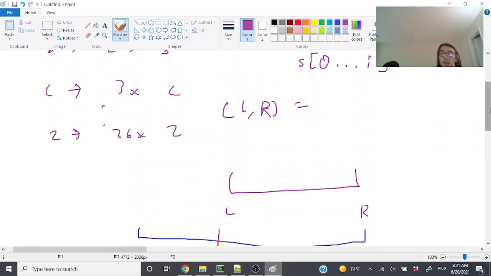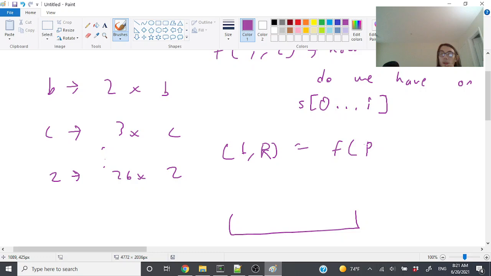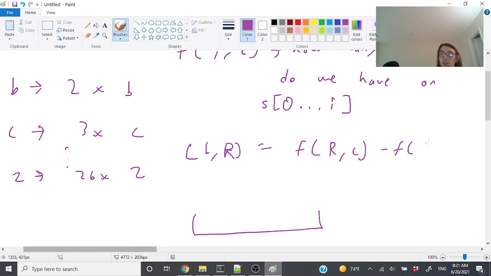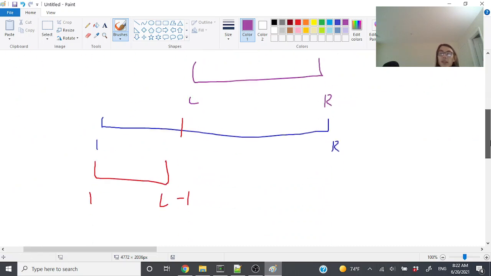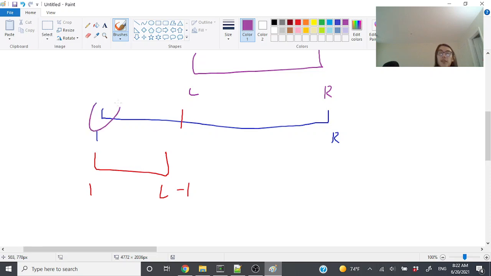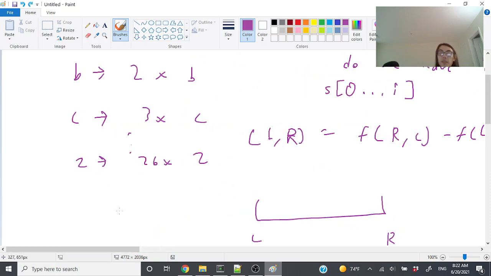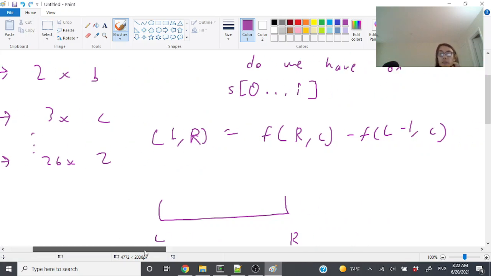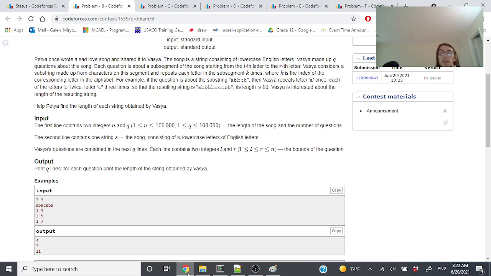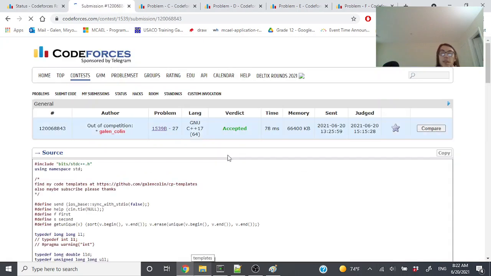So this is f(R, c) minus f(L minus 1, c). If f of L minus 1 is negative or goes off the string, then just have it return 0. We just exclude everything that's not part of it. Basically we do this for each character, and that gives us the count. Then the answer is just the sum of each character times its frequency.